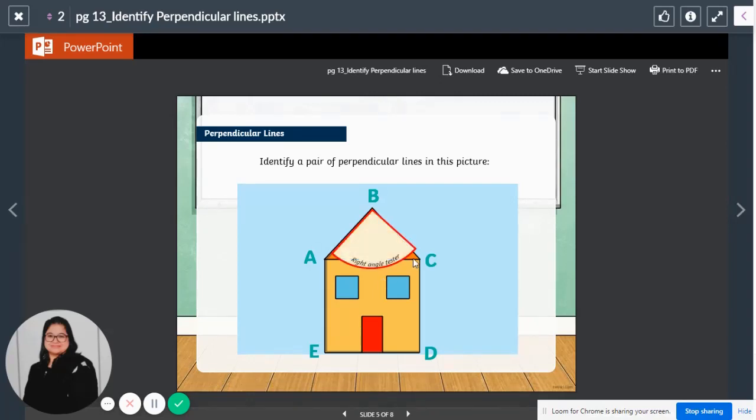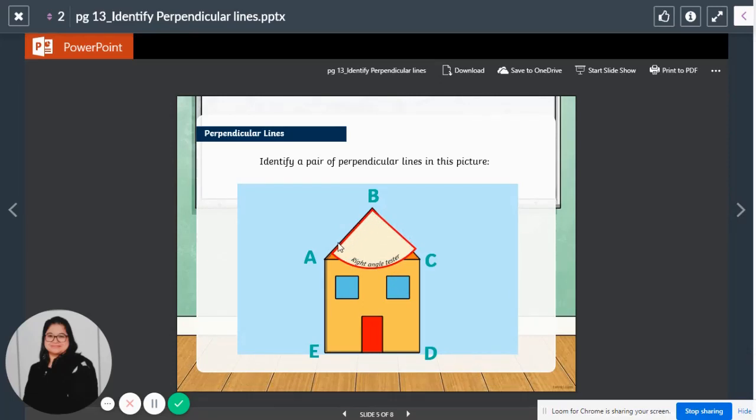When we place a right angle tester, we can see that this line is coming on the inner side of our right angle tester. If this angle made by these two lines was a right angle, it would exactly fall over here.